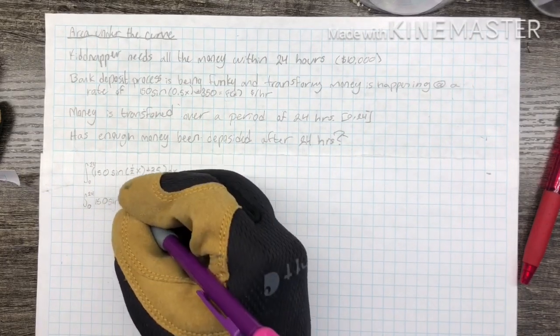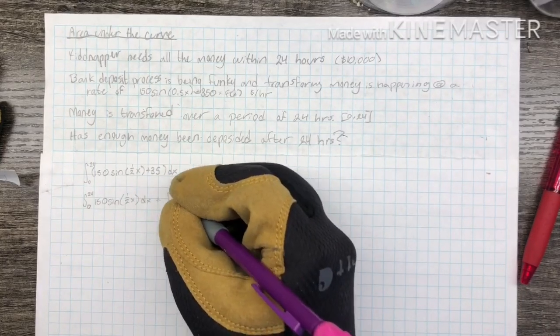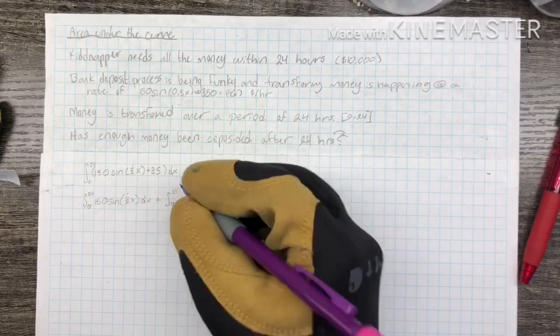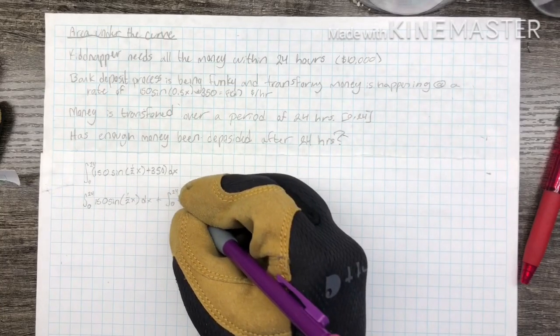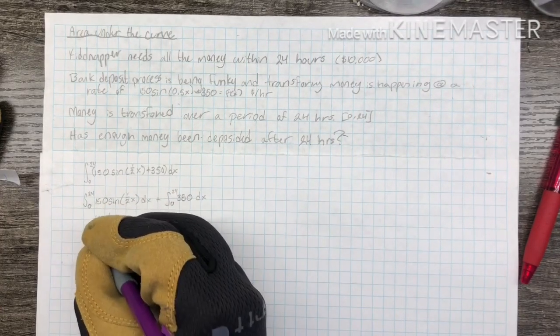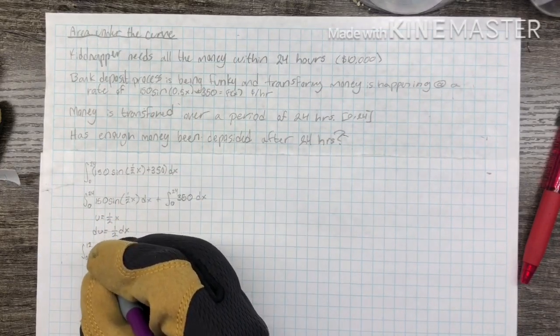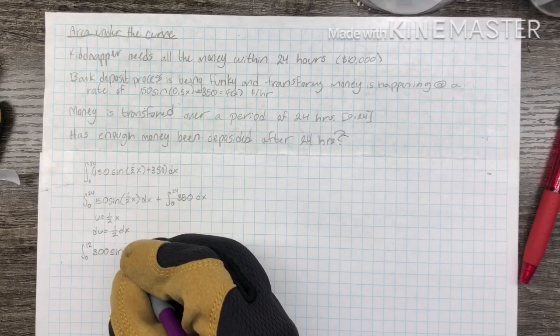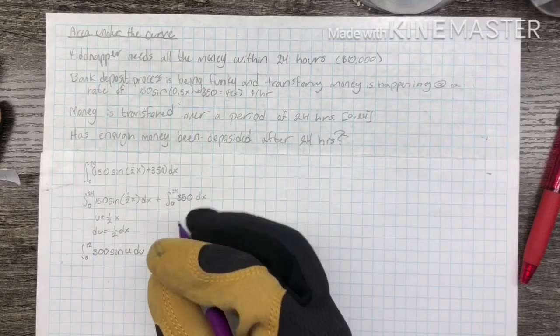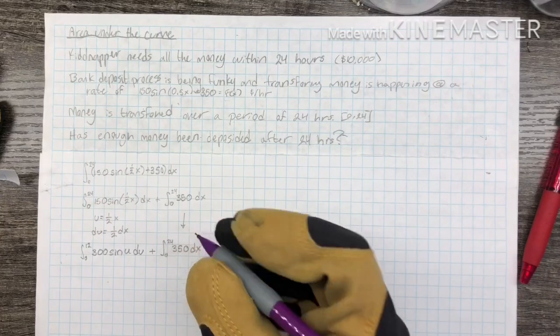This we can break up into two separate equations. The first equation requires u substitution, with u being 1/2 x and du being 1/2 dx, which brings us to our new substituted equation of 0 to 12, 300 sine of u.